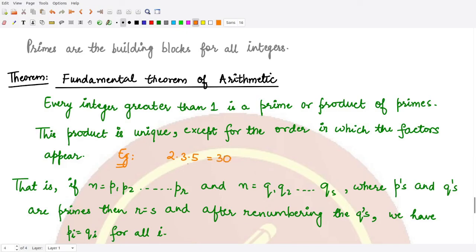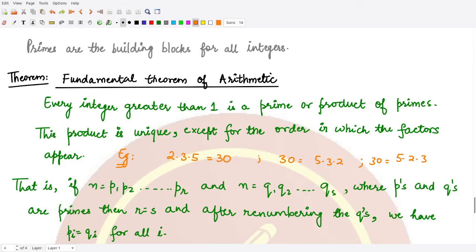So you could write 30 also as 5 into 3 into 2, or you could write 30 as 5 into 2 into 3, and so on. So here the product is unique, right? You are always writing 2, 3 and 5 as the primes whose multiplication gives us 30. However, the order may differ.